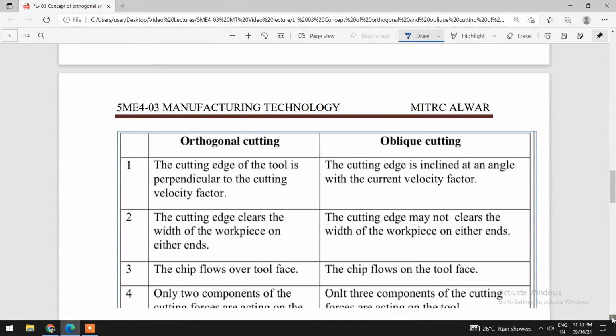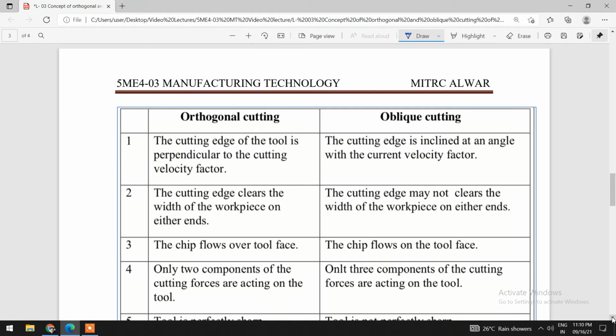Now further, if we would like to differentiate between the orthogonal cutting and oblique cutting, so in the tabular form we can easily observe the orthogonal cutting and oblique cutting.